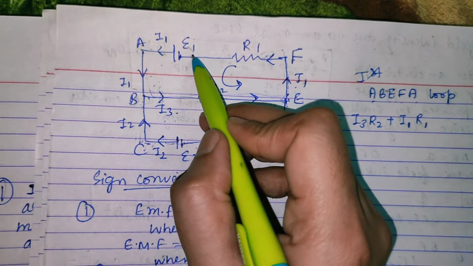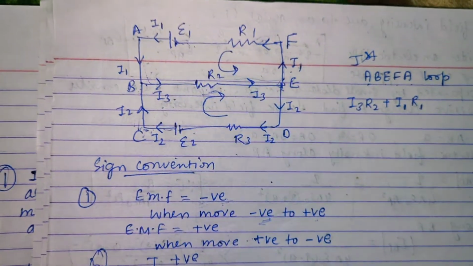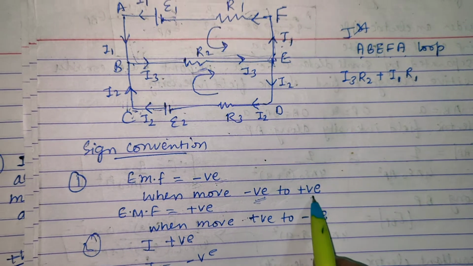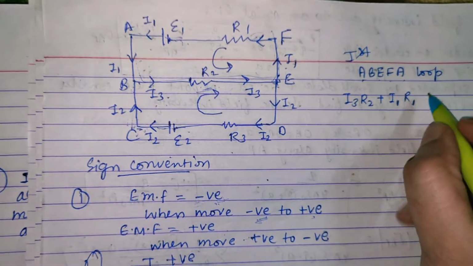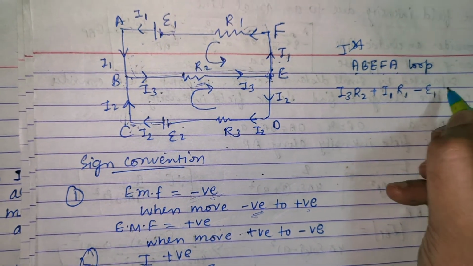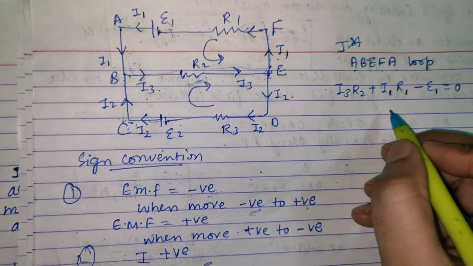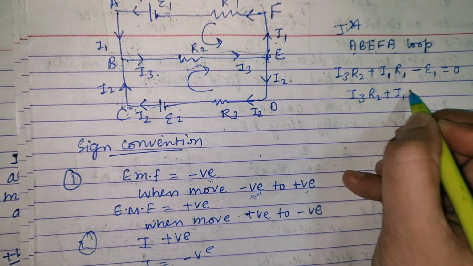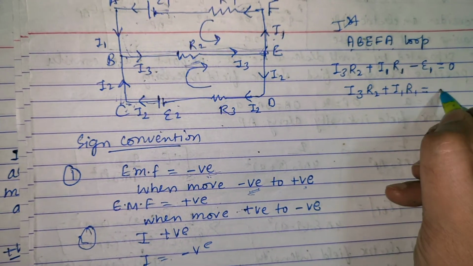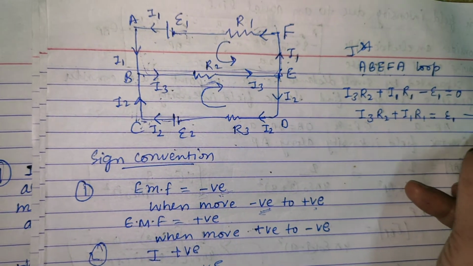Now we entered from negative, and we studied that when we move from negative to positive we consider a negative sign, so we write minus E1 equals 0. So we can write I3 R2 plus I1 R1 equals E1. This is our first equation.